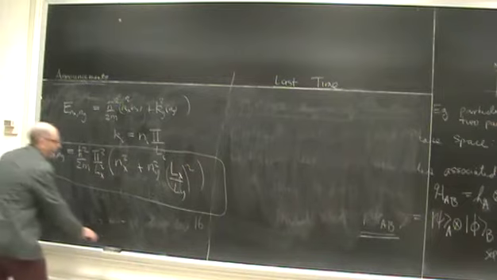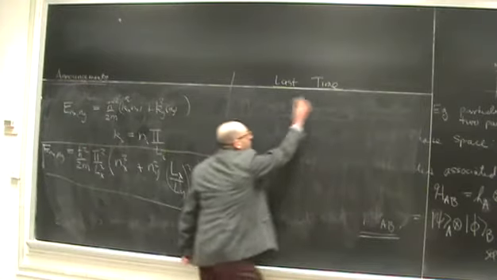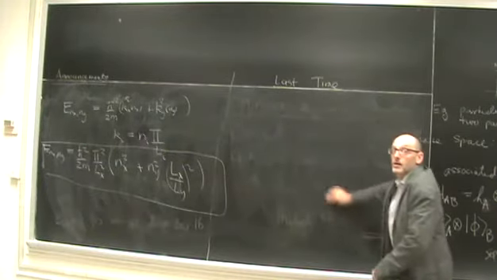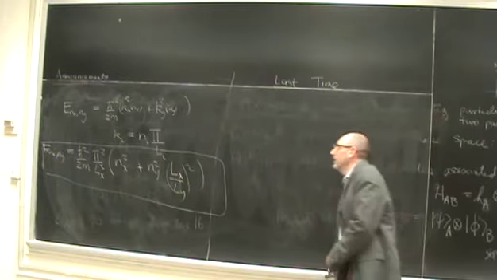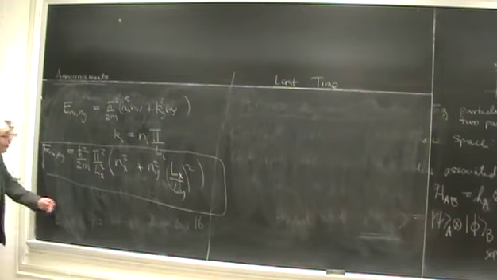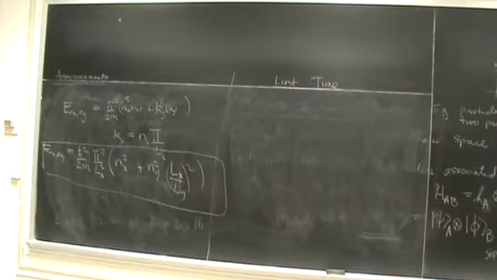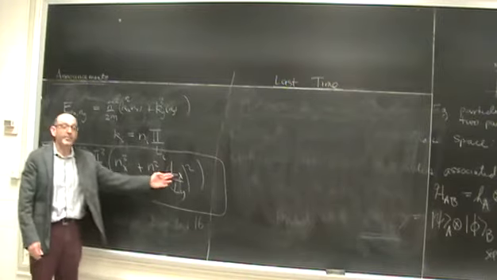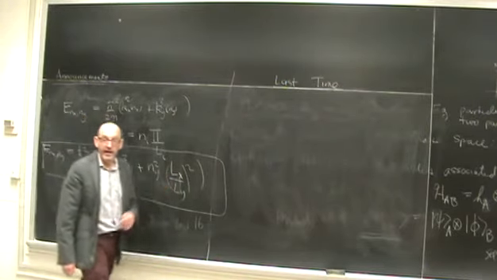All right, so now one thing we see here is whether or not there are degeneracies in the system, that is to say, if there are two different eigenfunctions that have the same eigenvalue, depends on something about the ratio of these guys.